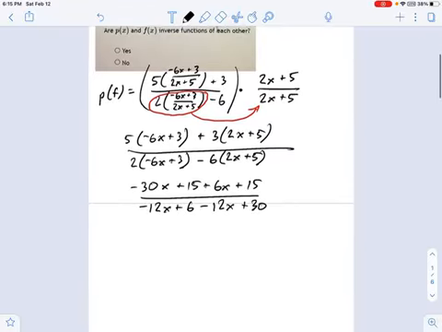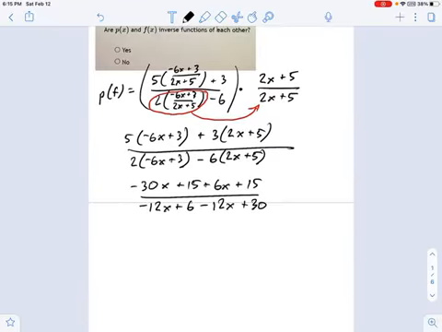Now we do a little more simplification, see if I get something that's just x. Doesn't look too promising at this point. Negative 30 plus 6 is going to be negative 24x plus 30 on the top, and on the bottom I have negative 24x plus 36.